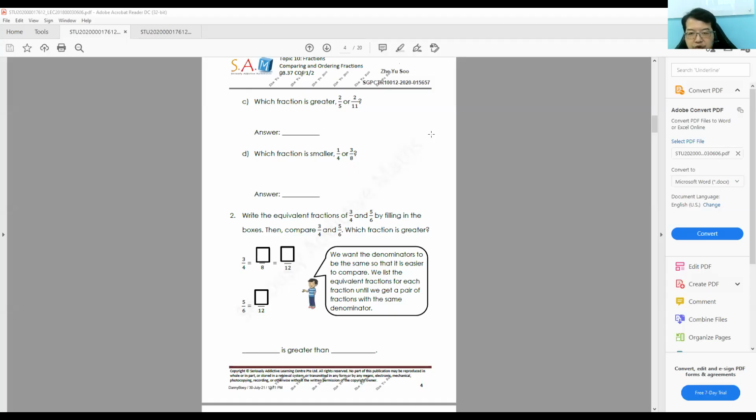We are at page 4 now, so I'll leave it to you to do questions C, D, and number 2 on your own. You may press pause now and work on the questions. Once you are ready, you may press play again for me to show you the answers. Press pause now, please.